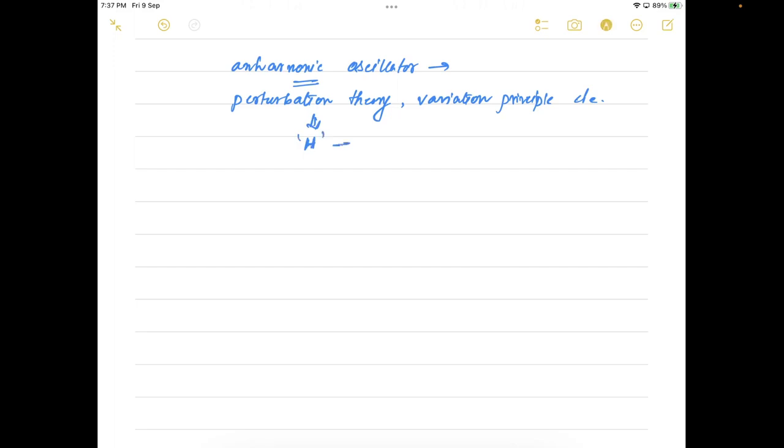This is the Hamiltonian operator. First we approximate this Hamiltonian with the Hamiltonian of an unperturbed system, H0, plus lambda times a perturbed part, let's call it V. So H0 is the Hamiltonian for the unperturbed system.